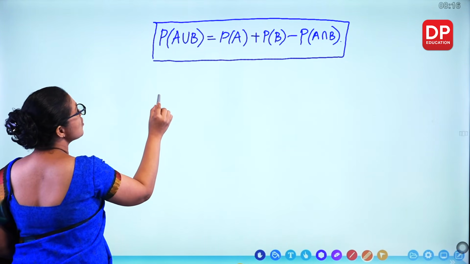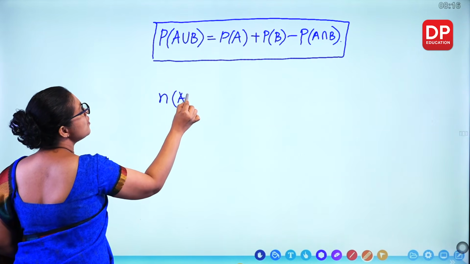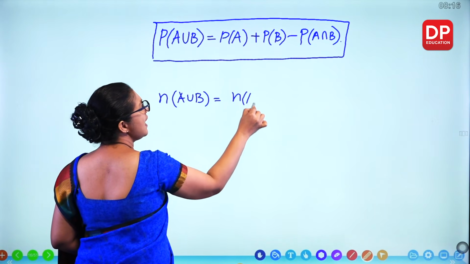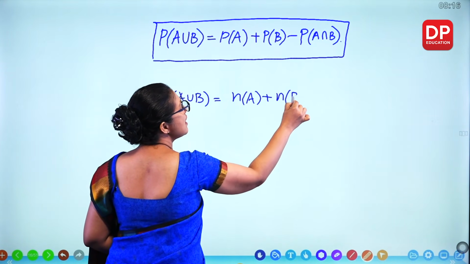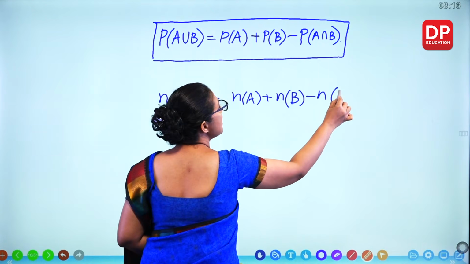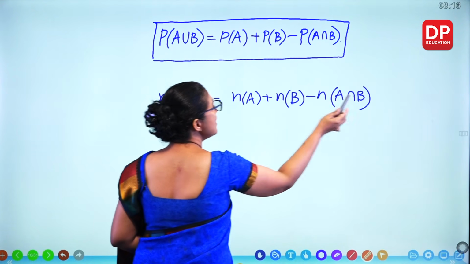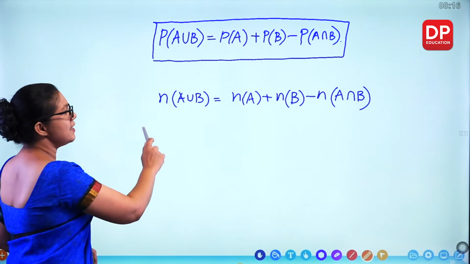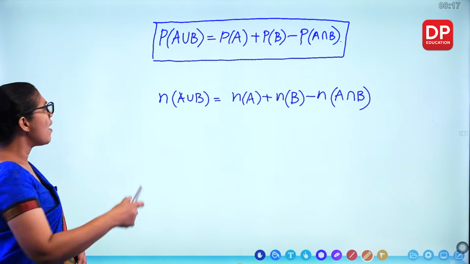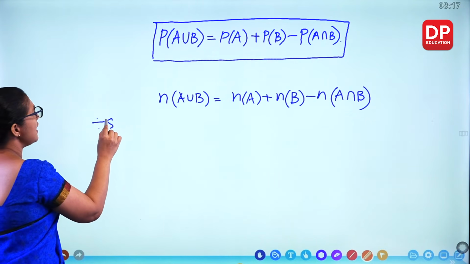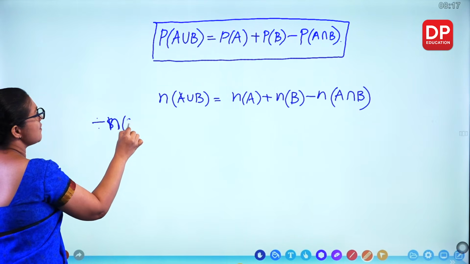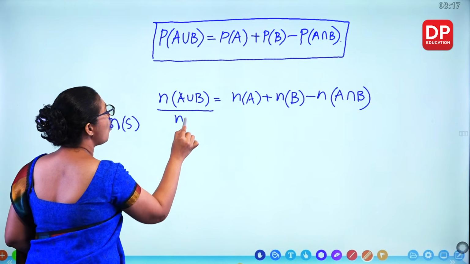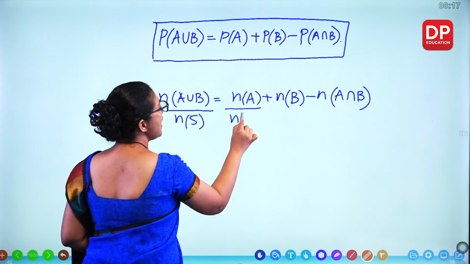In the previous section, we found n(A union B) is equal to n(A) plus n(B) minus n(A intersection B). That's the relationship between the number of elements in sets, union as well as intersection. Now I want to divide the whole equation by n(S). What does n(S) mean? Number of elements in the sample space. So I'm dividing all these terms by n(S).